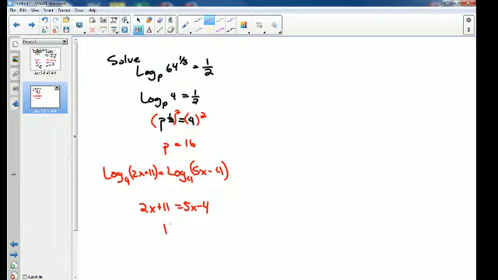So 15 equals 3x, right? X equals 5. That's your goal, is to solve for x.